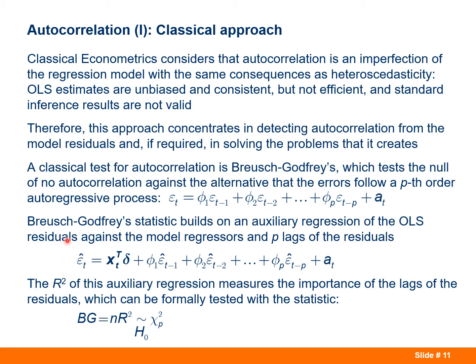Then we estimate this regression by OLS and obtain the corresponding R squared. The Breusch-Godfrey statistic is n times this R squared, which under the null of no autocorrelation is distributed as a chi-square with p degrees of freedom, p being the number of lags of the residuals that we are considering in the auxiliary regression.